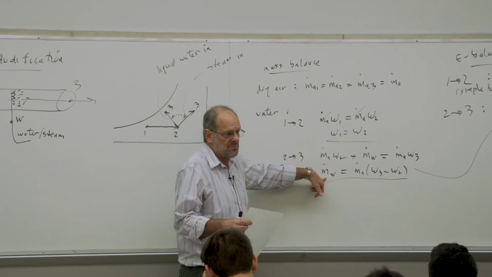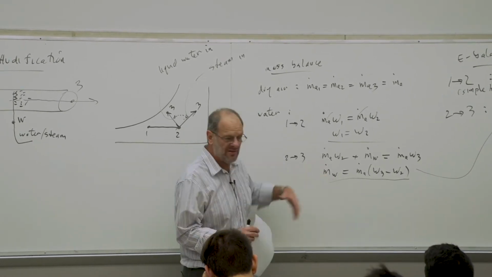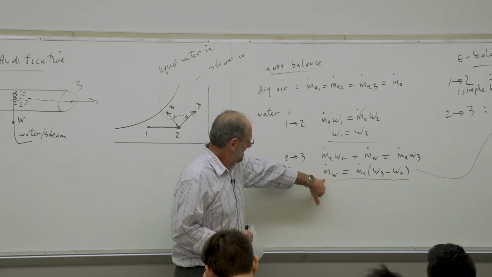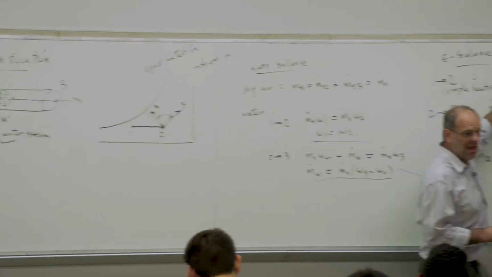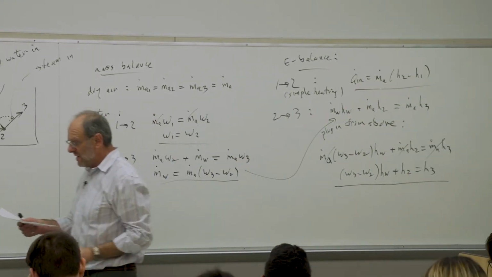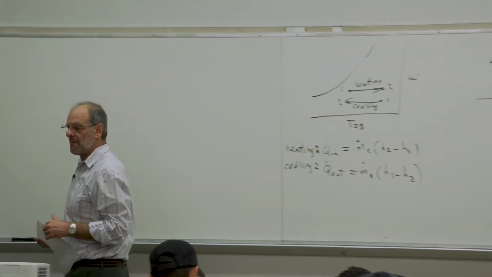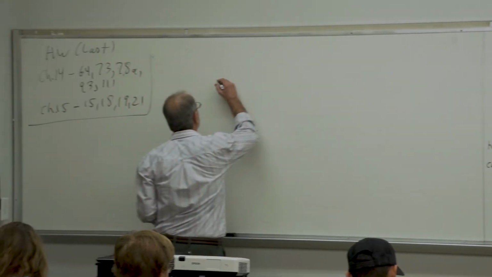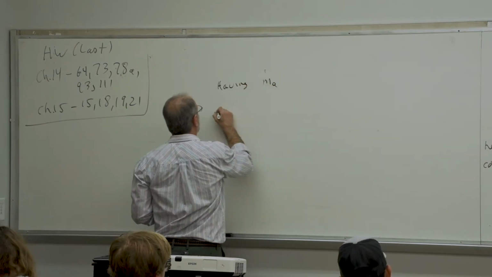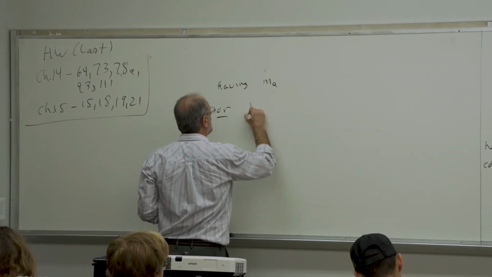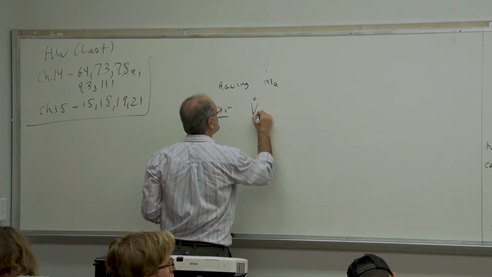This process is not going to work unless we have the right amount of water being added. So we have to have an appropriate water supply, and we can calculate it using this equation. We need to have an appropriate heat supply. We can calculate that using that equation. But in either case, we're going to need data for the air mass flow rate. So having m dot for the dry air or the volumetric flow rate of the atmospheric air.